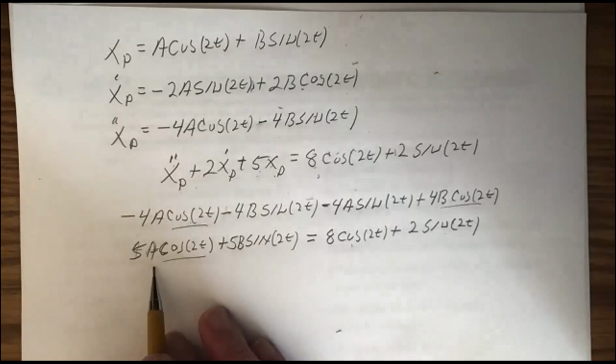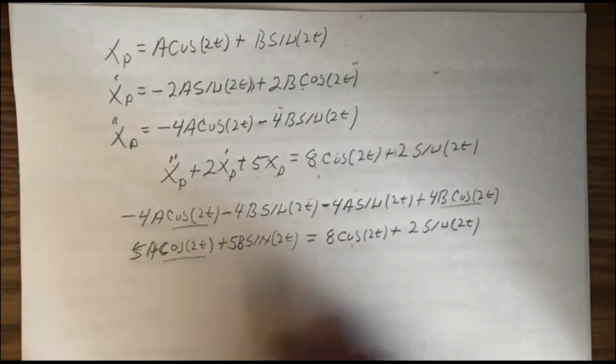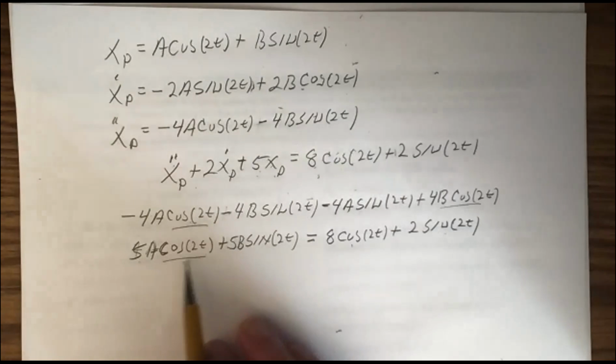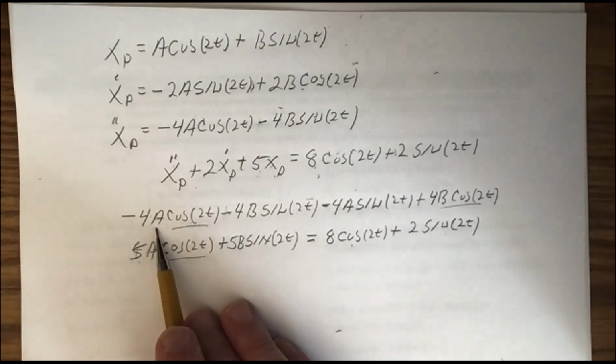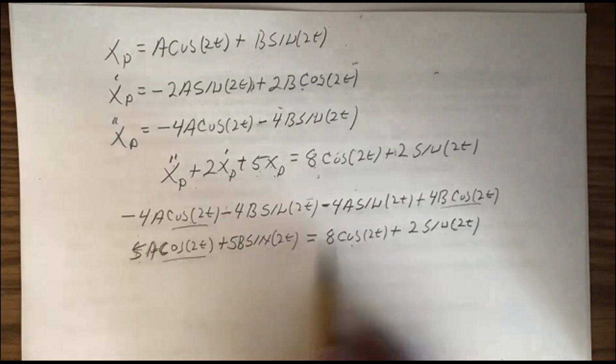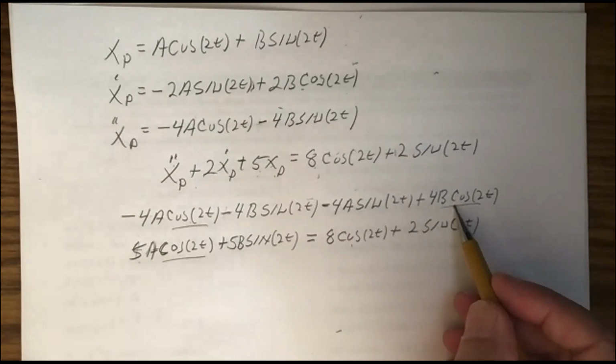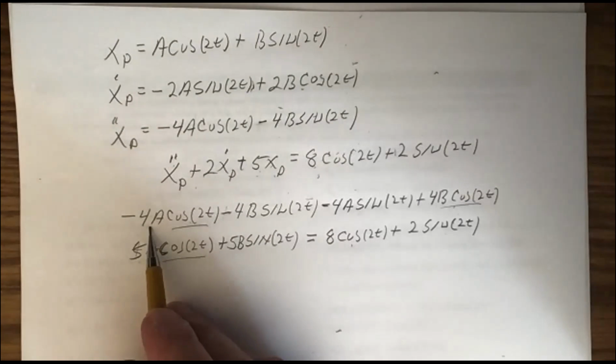Okay, so what do I have now? Well, for the cosine, I get a 4, here I got the 4b, here I got a minus 4a.